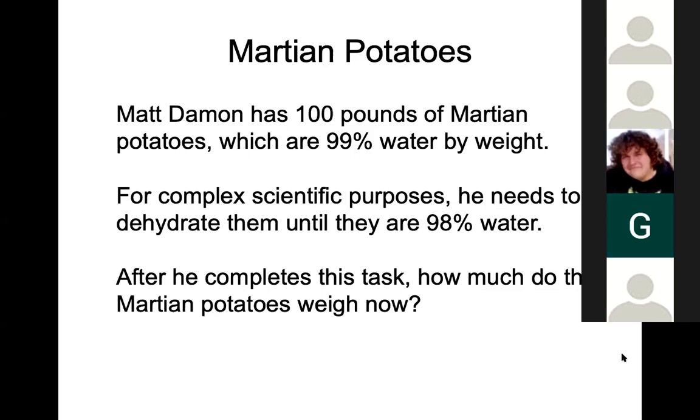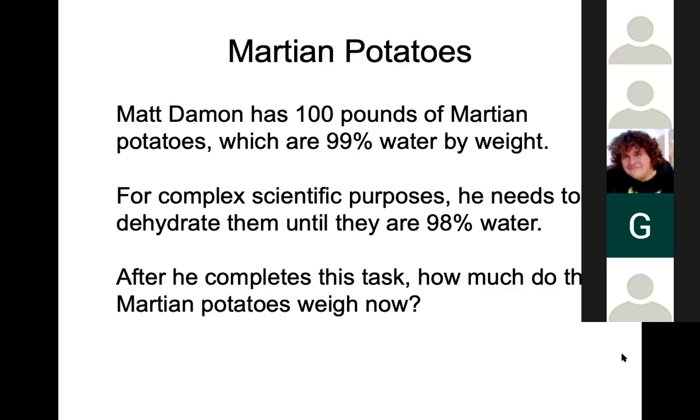I would do algebra, and do the water weight minus the water weight, kind of, and then I would get how much I have left. I would say dehydration, but I don't really know how to go about it.